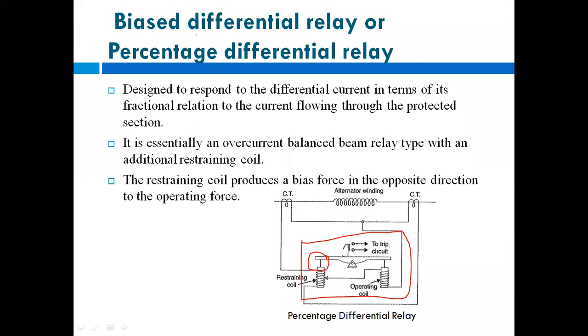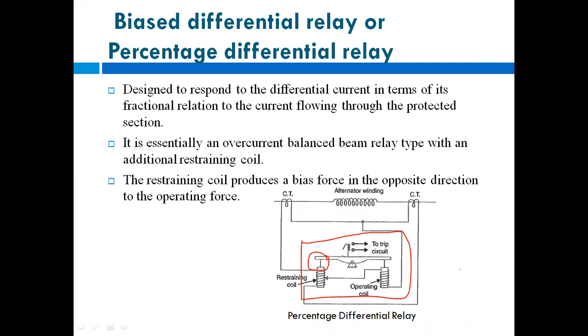So this is the biased differential relay or percentage differential relay. In our syllabus, the percentage differential relay is given, but if they are asking any one, you should remember that this biased relay is also called the percentage differential relay.